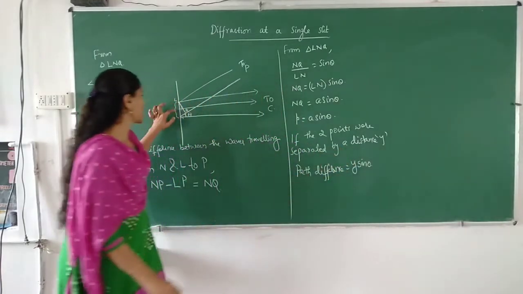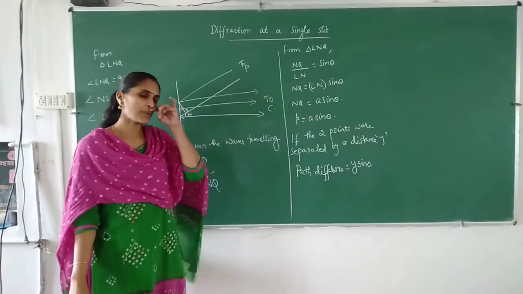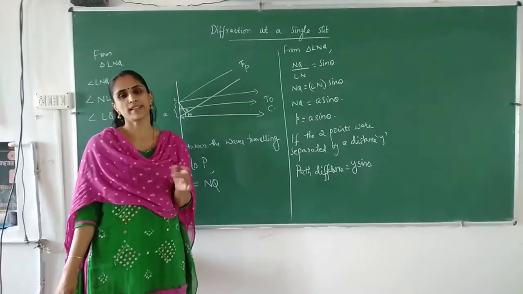Here the two points are separated by a, that's why we have written a sin theta. If they are separated by y, we can write it as y sin theta.